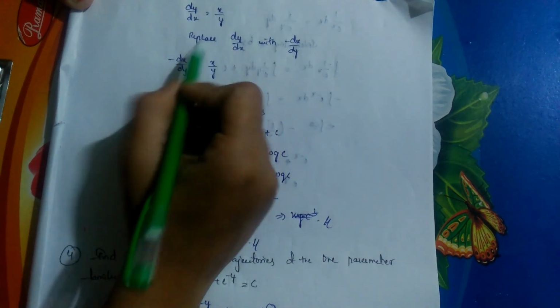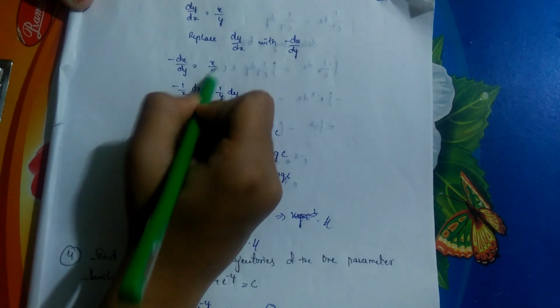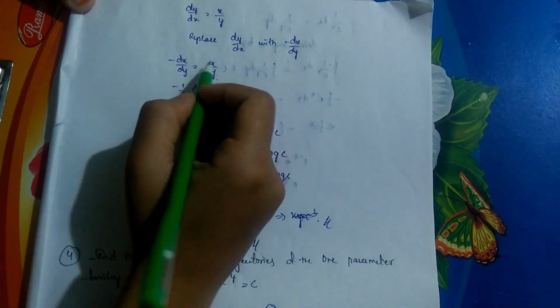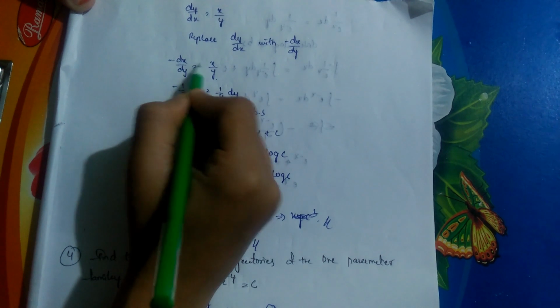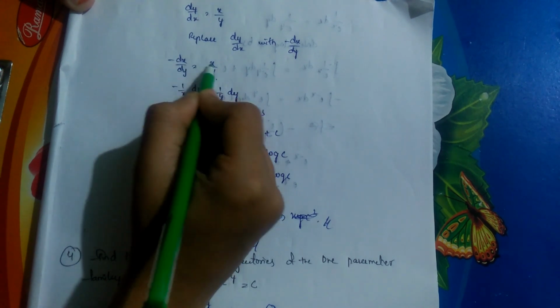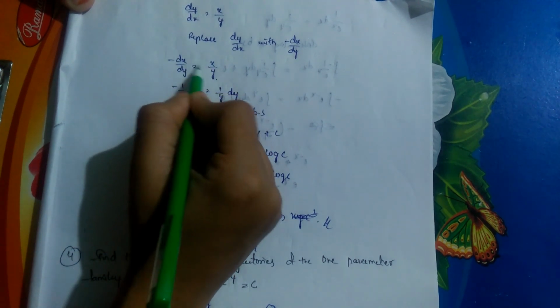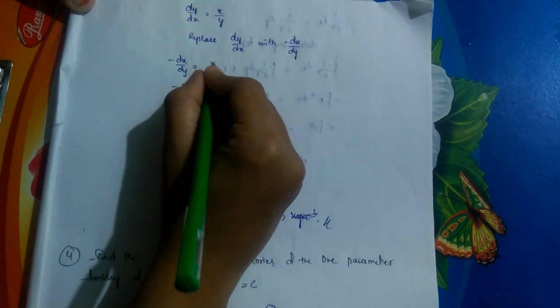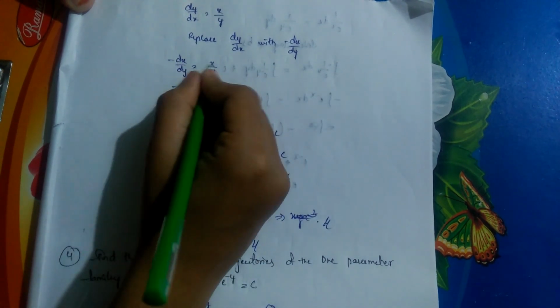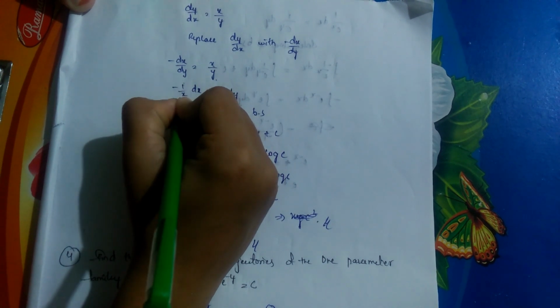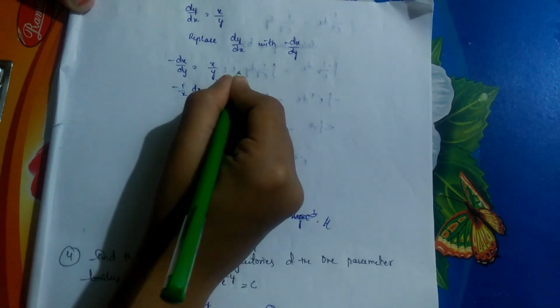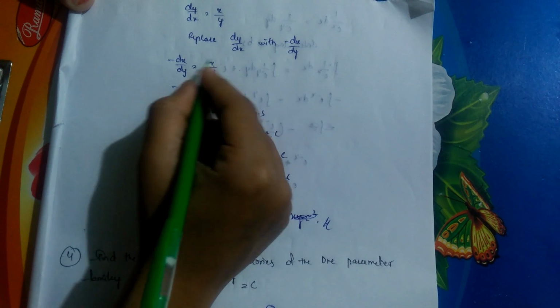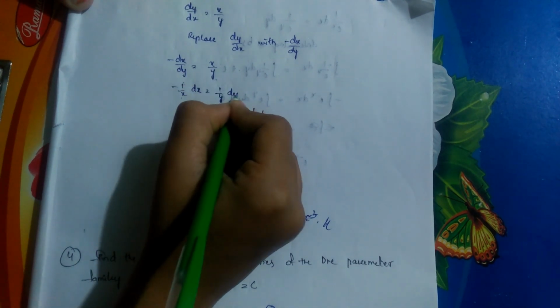When we replace here, we get minus dx by dy is equal to x by y. From this we have to cross multiply it. Cross multiplying is nothing but when this x comes to the left hand side, it becomes minus 1 by x, and send this dy to the right hand side, it becomes dy by y, nothing but 1 by y into dy.